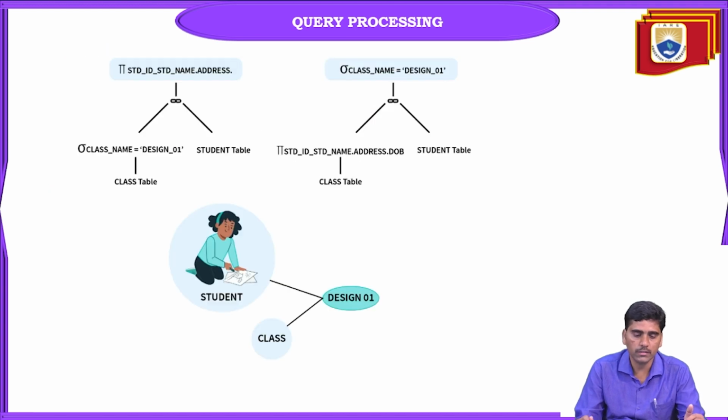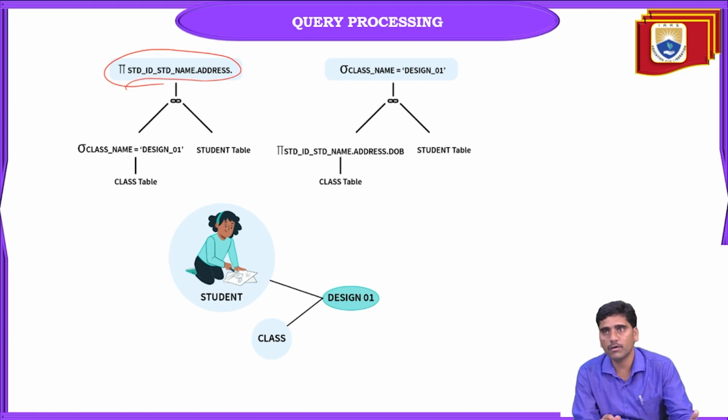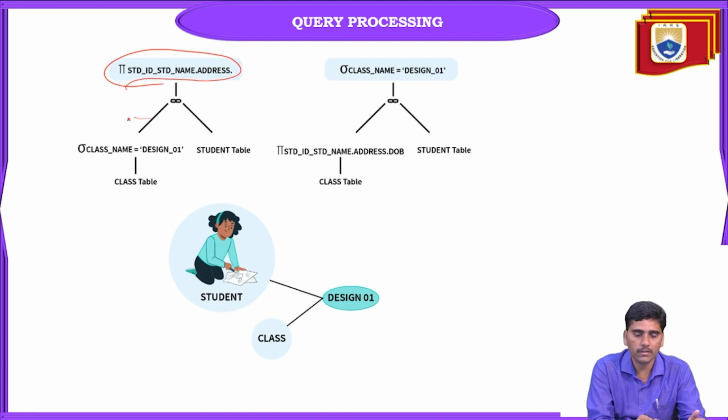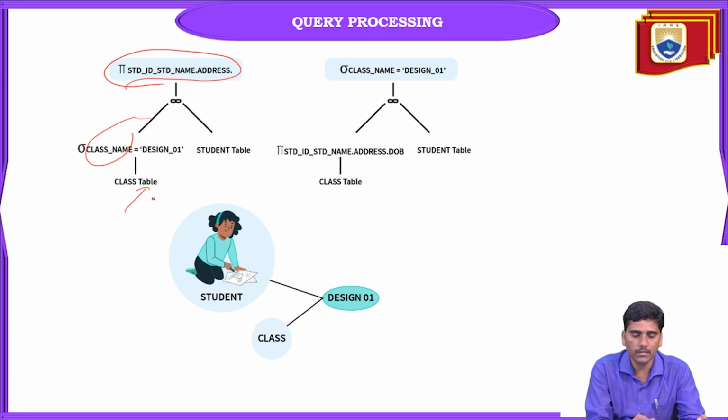Here we can see the relational algebraic query, where class name equals design_01, and it displays the class names from the class table.